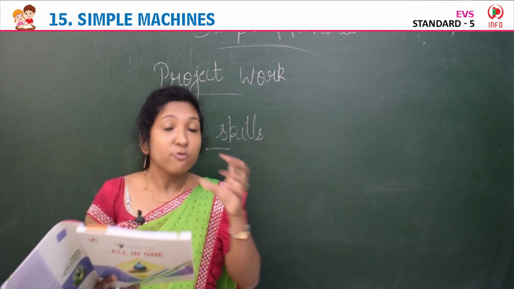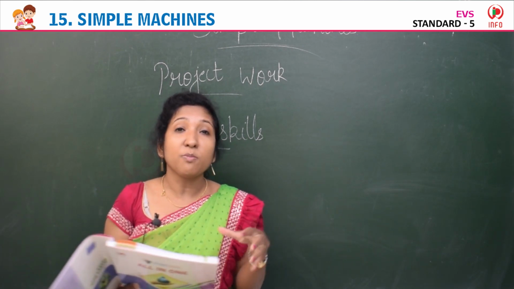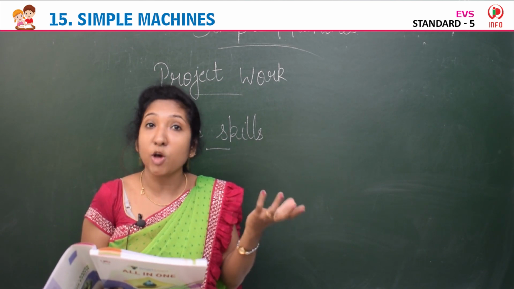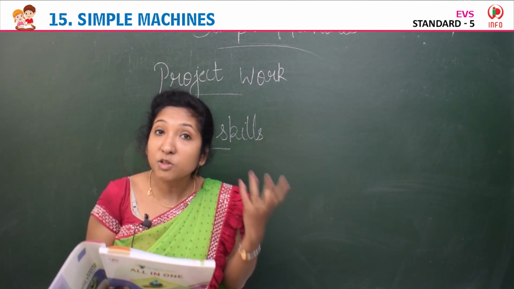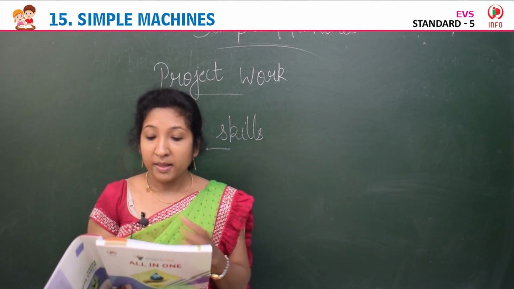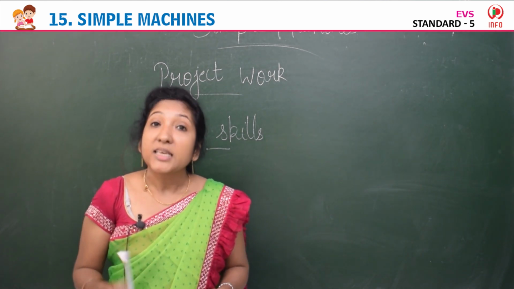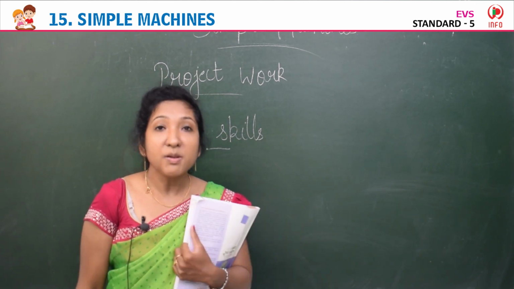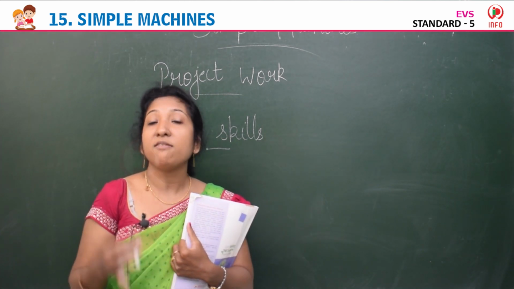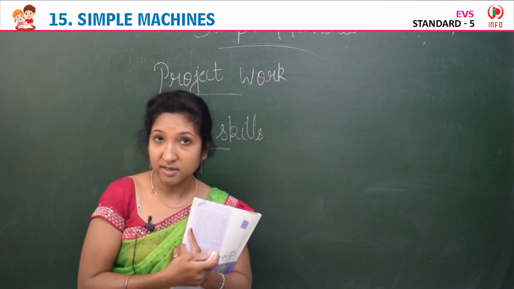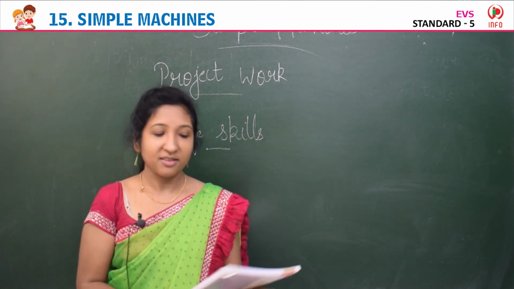Otherwise we need much force or much hard work to lift such a heavy object if there is not a simple tool like a screw jack. So simple machines are machines which make our life easier, and make us do our work quickly and faster, isn't it? Okay, thank you children.